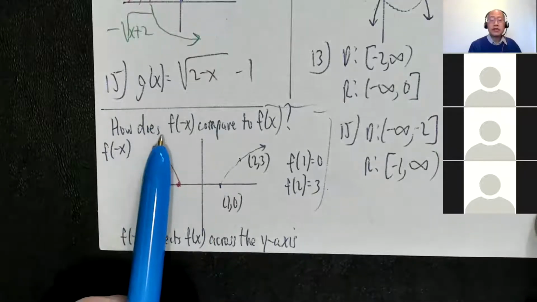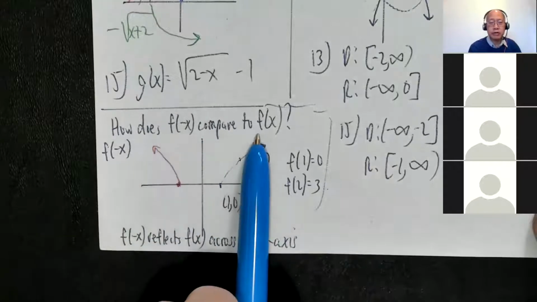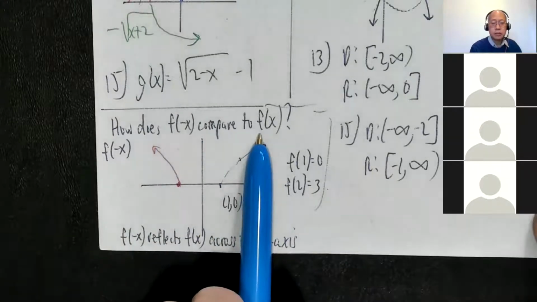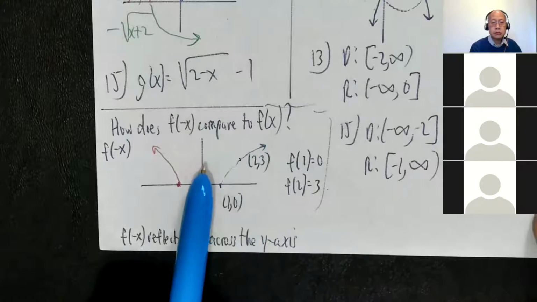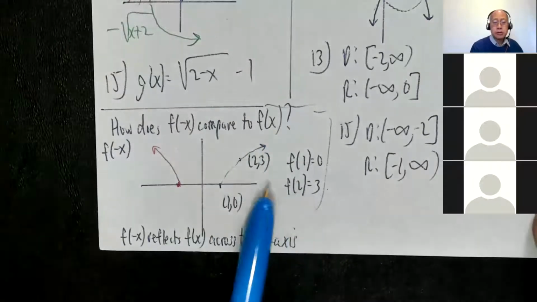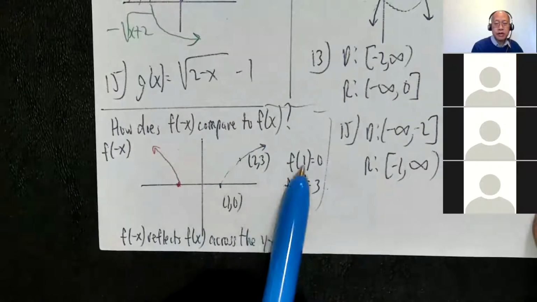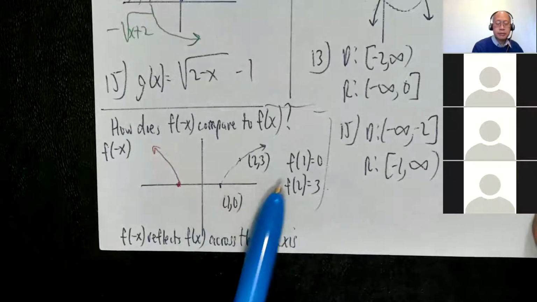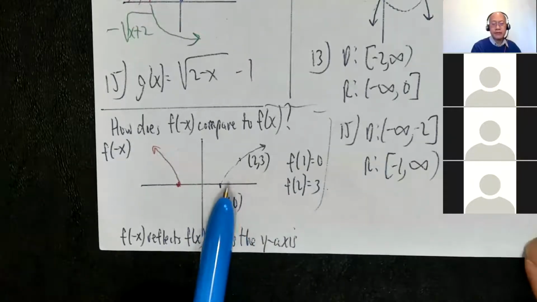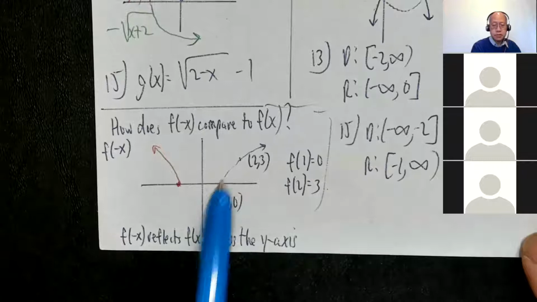All right, how does f of negative x in general compare to the original f of x? Suppose f of 1 is 0, and suppose f of 2 is 3. Where did you get that from? I just made it up. Suppose the graph looks like this.